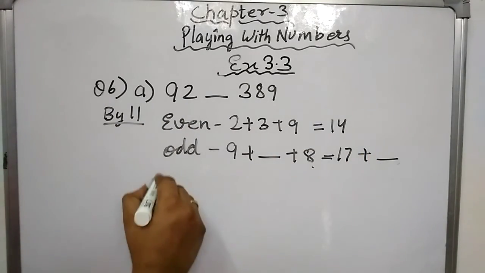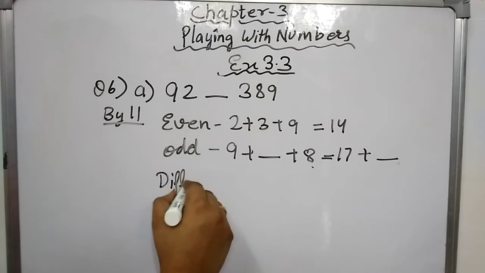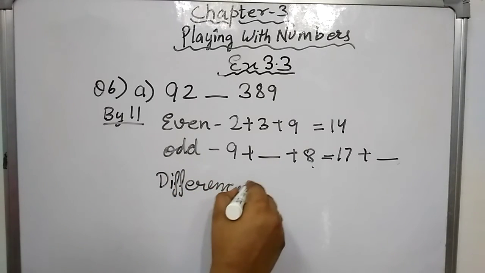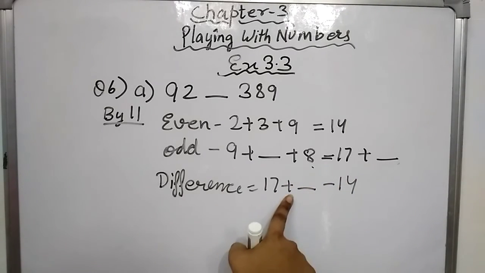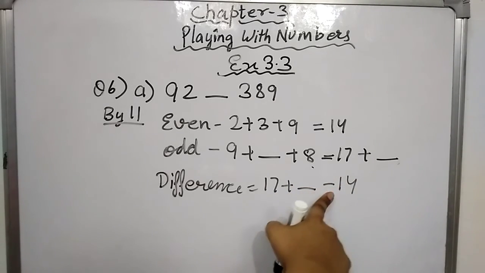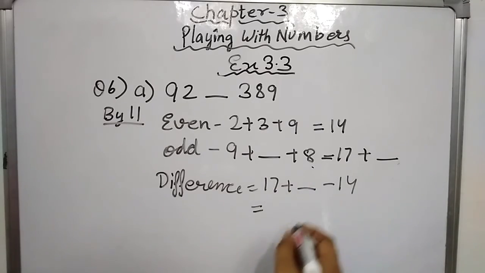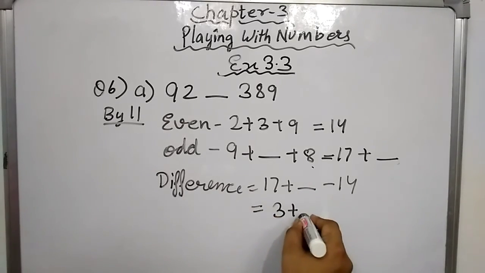So now the difference of this sum: (17) plus that required digit minus 14. So 17 minus 14 is 3 plus blank.